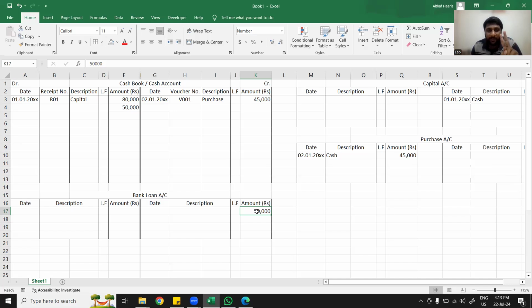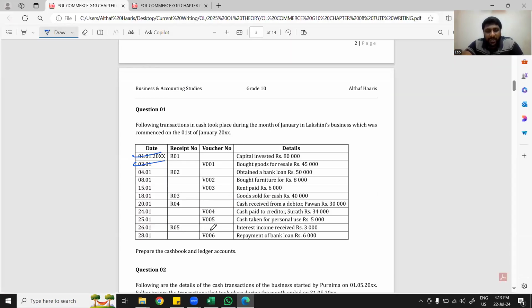One side, cash is increasing. Other side, my liability increasing. Liability increases, it's a credit. Now switch the names. Here you can write cash. Here you can write bank loan. What's the date? 4/1.